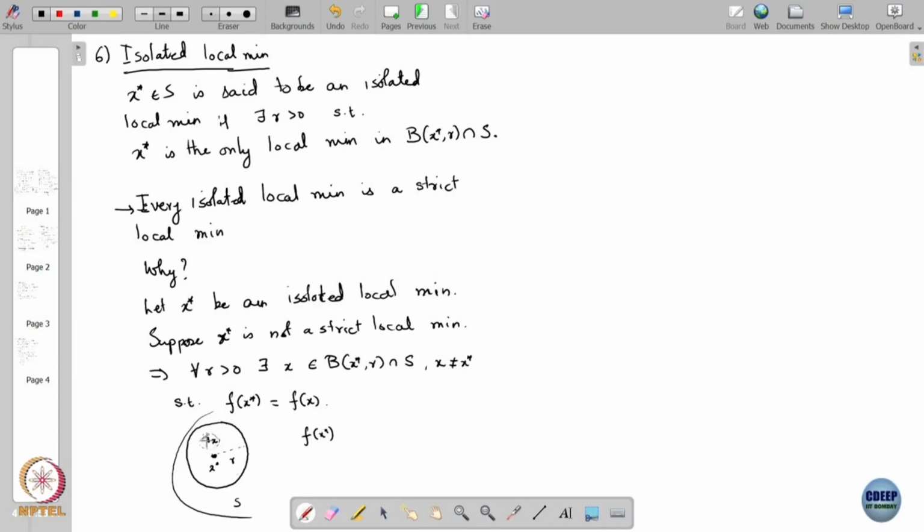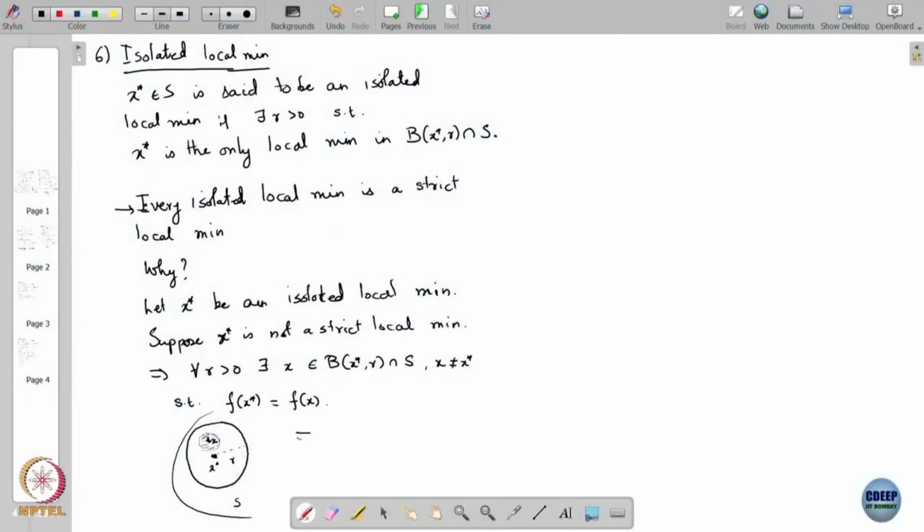So, all these points, their value is already greater than or equal to f of x star, but f of x star is the same as f of x. So, f of x is going to be less than or equal to the value of all of these small points, which would make x a local minimum, right. So, if x star is not isolated, these new points that you keep finding themselves become local minima, okay, for small enough radius.